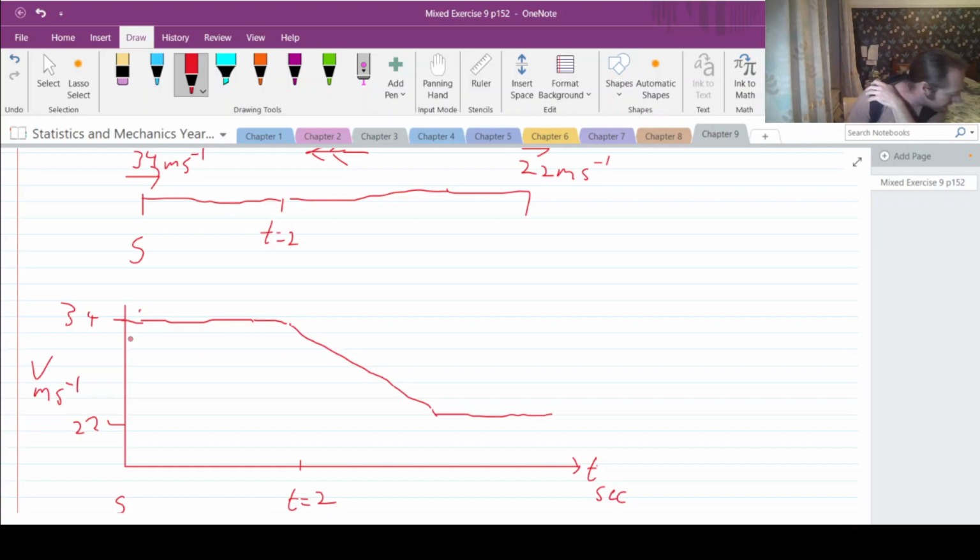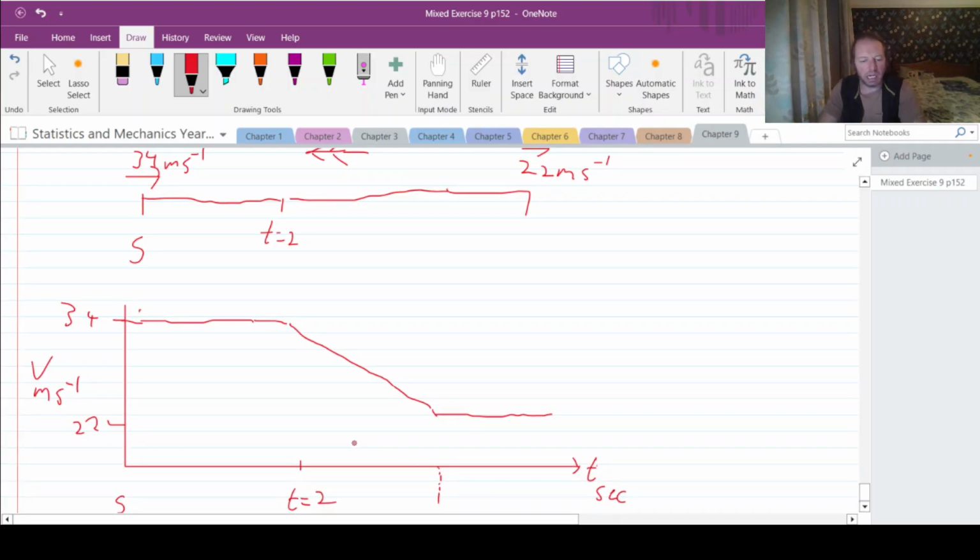Find the shortest distance before the roadworks that S should be placed on the road to ensure that the car driven in this way has had its velocity reduced by the time it reaches the start of the roadworks. So they want to know what the distance is all the way through.